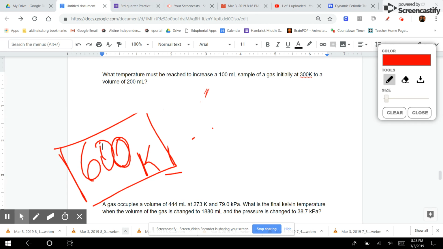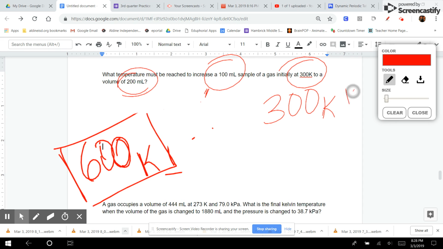So what you can remember is that if I'm increasing the volume from 100 to 200, then my temperature is going to increase by 2. So all you could do is 300 Kelvin times 2, and that'll be 600 Kelvin.